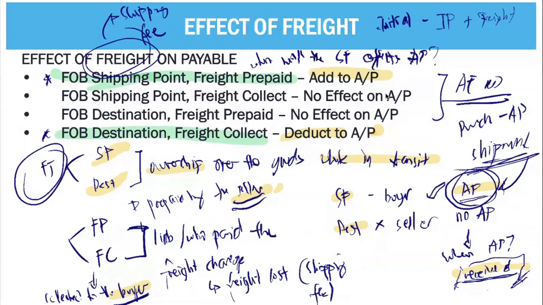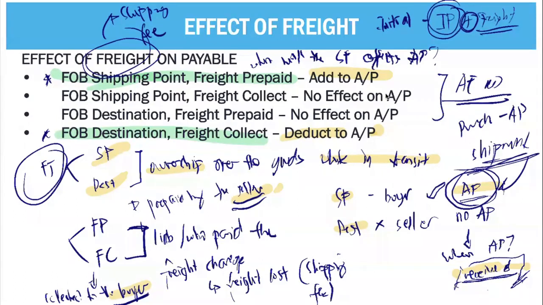Therefore, when we talk about your initial cost, which is your invoice price plus freight, when we talk about freight, it is not only addition. So what adds? Shipping point freight prepaid. What reduces? FOB destination freight collect. Okay? So I hope we are clear. Purchase, that is for invoice price.